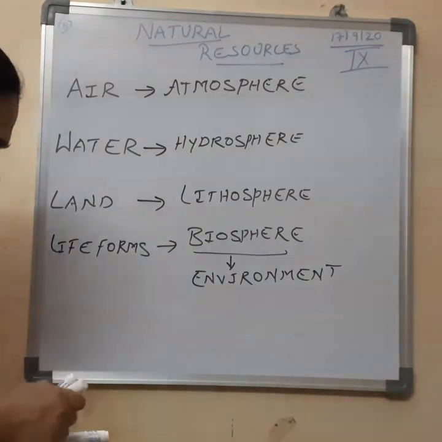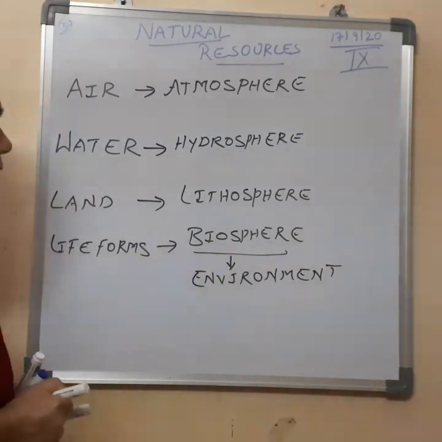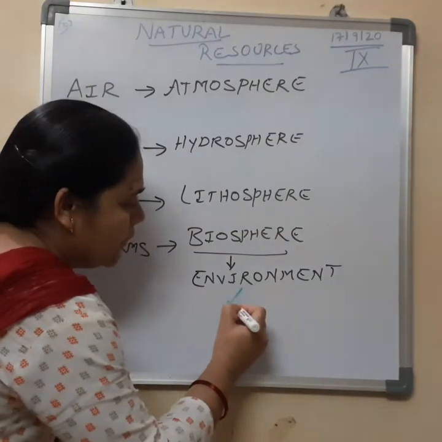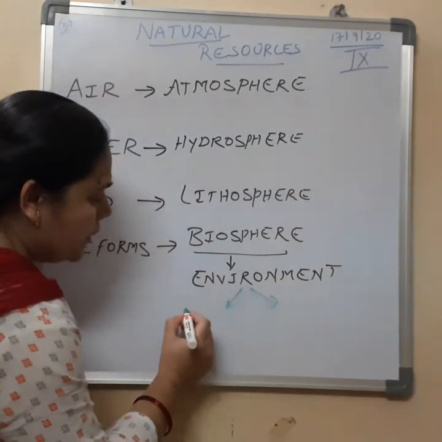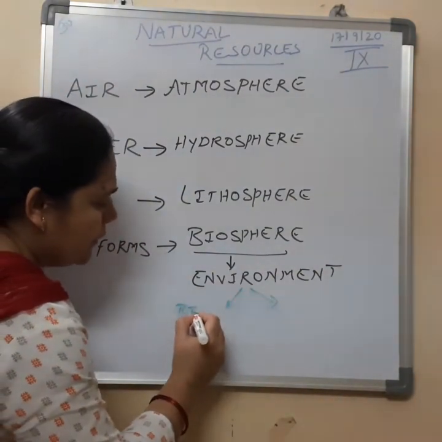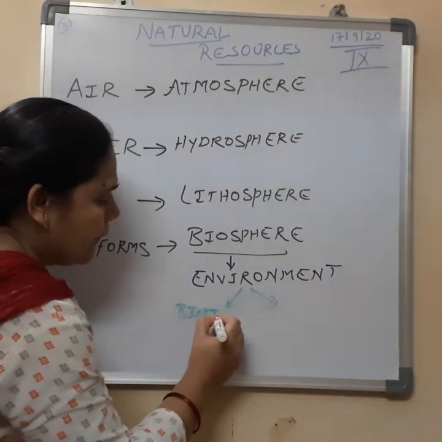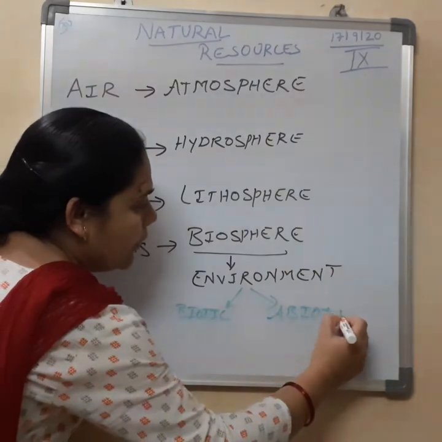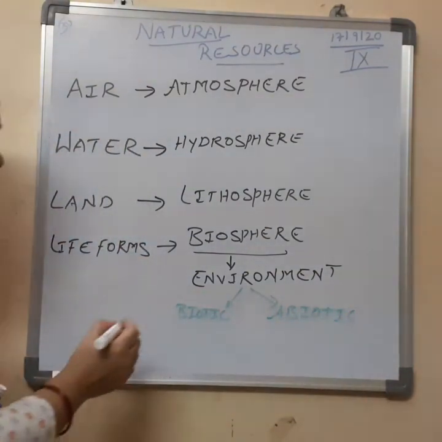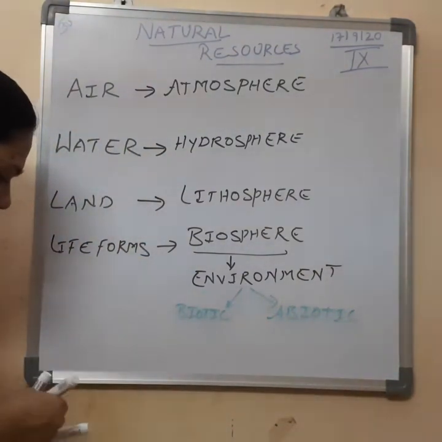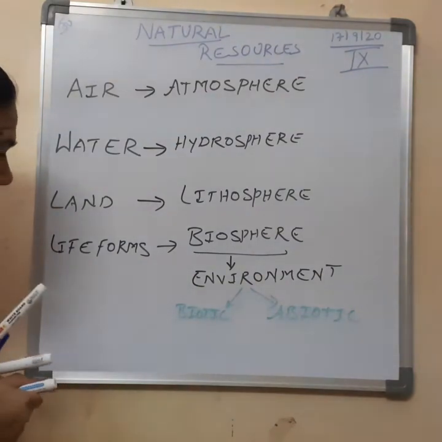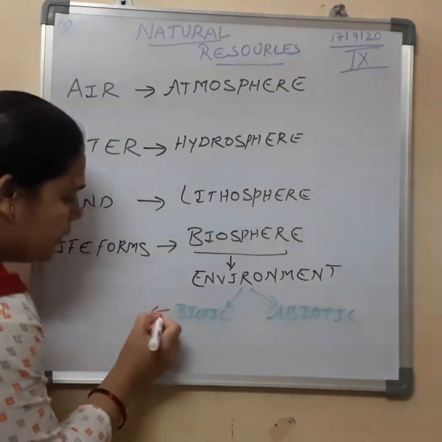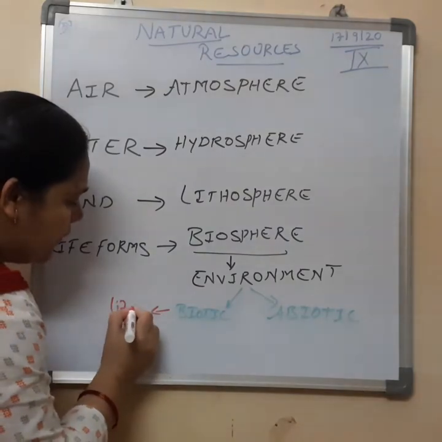So in your lower standards, you learned that environment has two components. What are they? One is biotic and the other is abiotic. So when I say biotic, you all have understood, biotic is nothing but life. That is, all the living organisms.